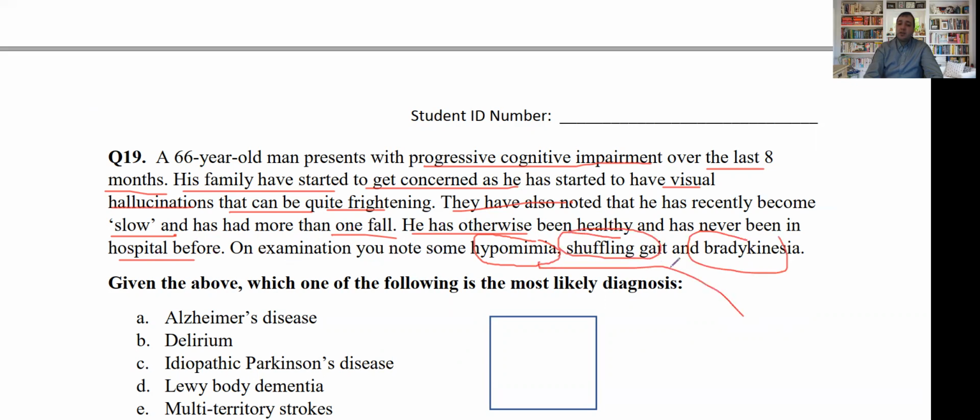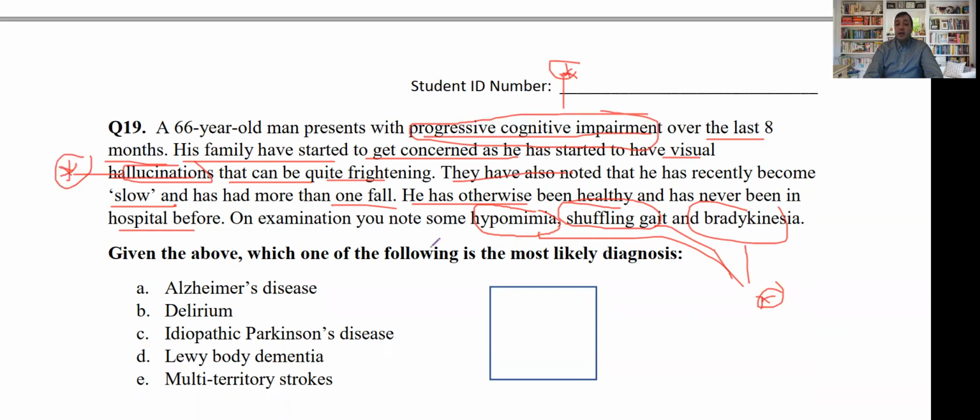These are very characteristic of Parkinsonism, and the patient has progressive cognitive impairment. This combination of hallucinations, psychotic features, progressive cognitive dysfunction, and Parkinsonian features are very characteristic, and they are the key for what is called Lewy body dementia.